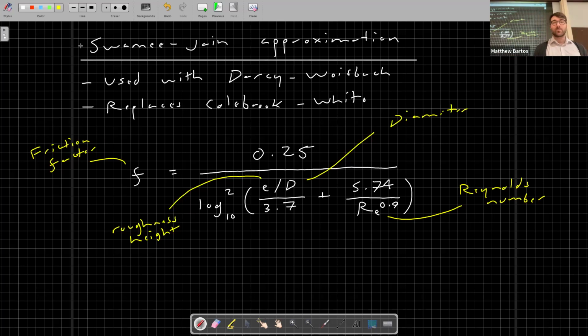So this is a good approximation for Colebrook-White. It's within 1% of the true value under the following conditions.